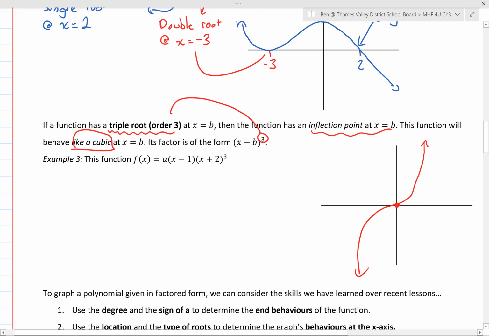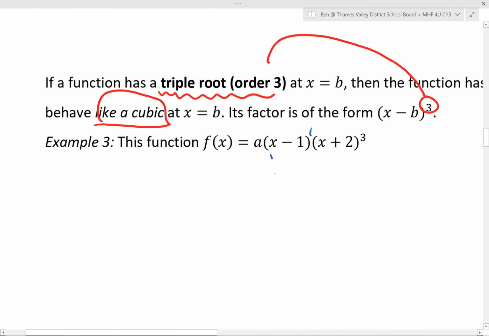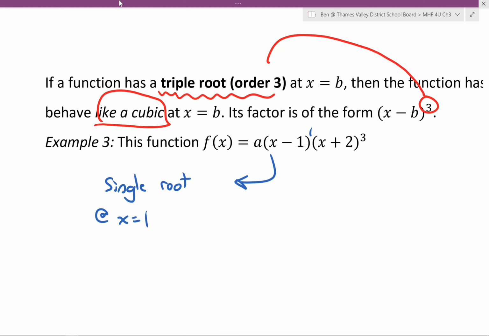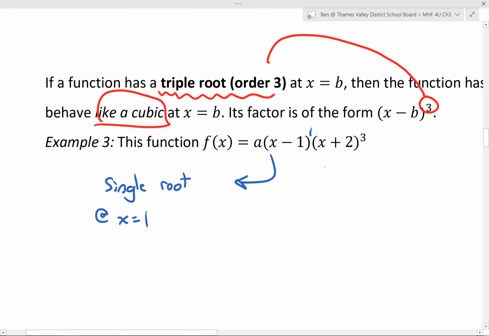And so this function, let's take a look here. So we have a times x minus 1. And again, x minus 1, that's a single root, right? Because there's a hidden 1 there. So this is a single root at x equals 1. And our triple root that's going on here, we know it's a triple root because there's an exponent of 3 here.